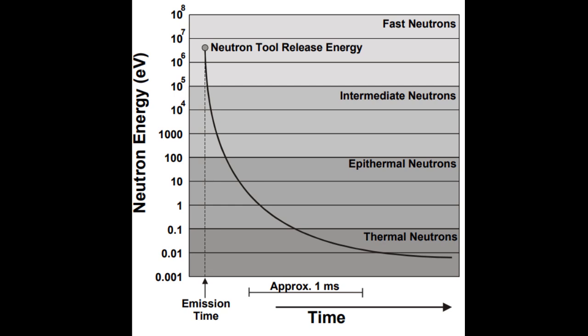So for example, the first ones that arrive are the fast neutrons, but then as the neutrons collide, losing energy, losing speed, they become intermediate neutrons, epithermal neutrons, and then just a cloud of thermal neutrons, which have very small energies associated with just the random kinetic motion at room temperature. And these ultimately get absorbed by the nuclei.